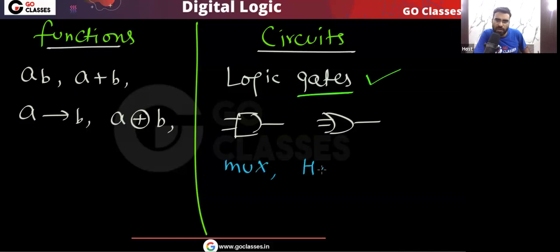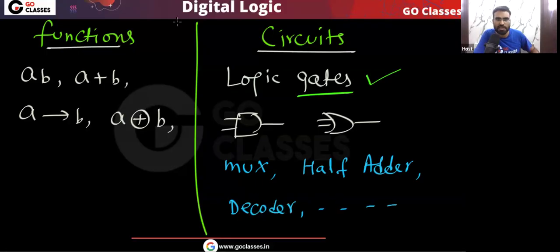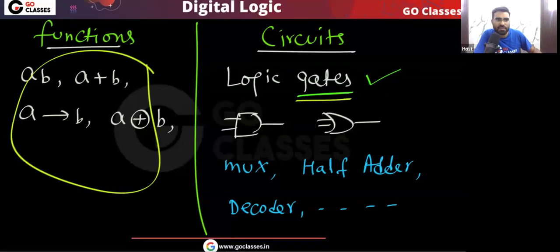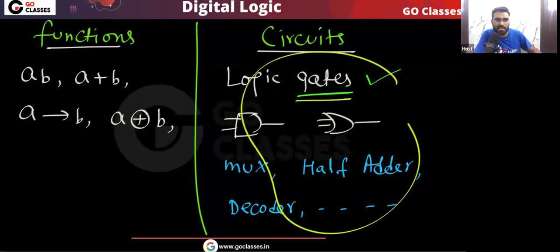A half adder is a digital circuit. Decoder, multiplexer, these are digital circuits, and so on. So these are digital circuits and these are functions. Is this clear? These things you already know. These are Boolean functions, and these are circuits.